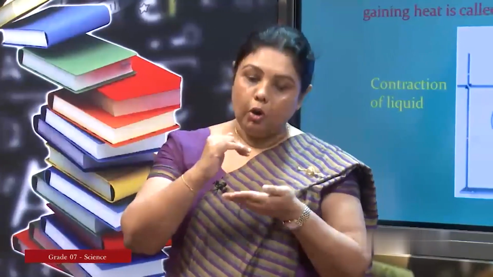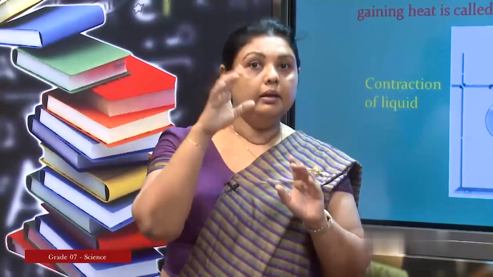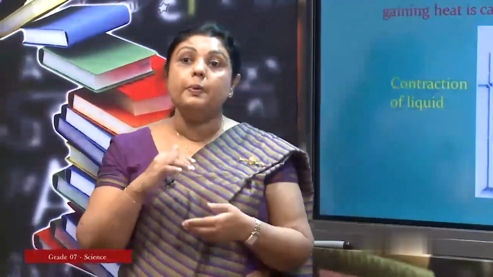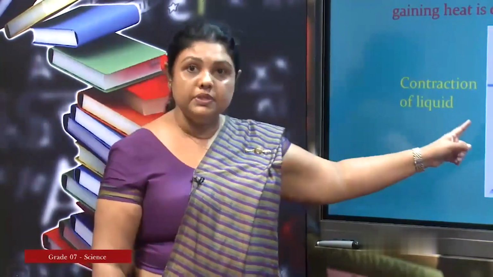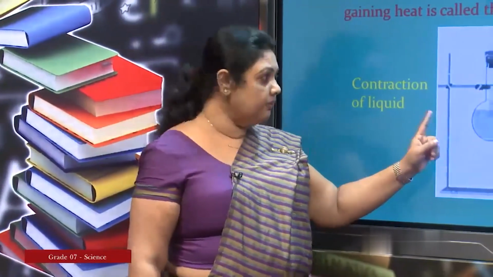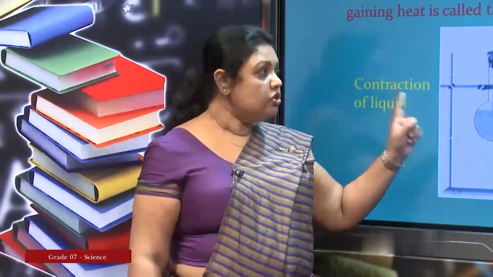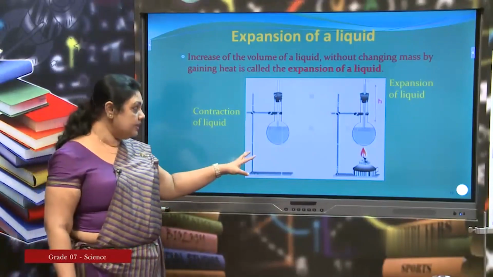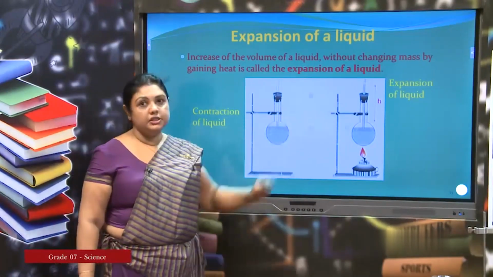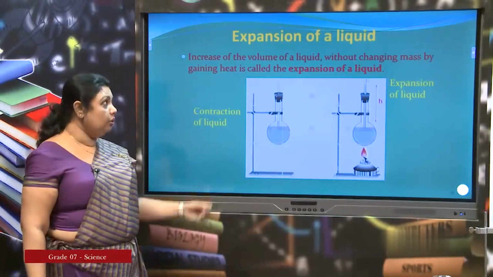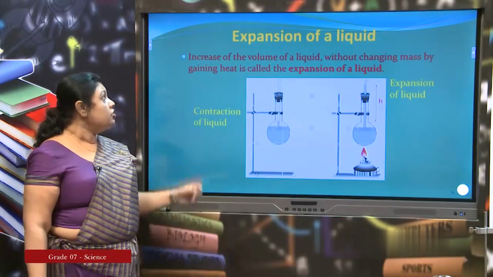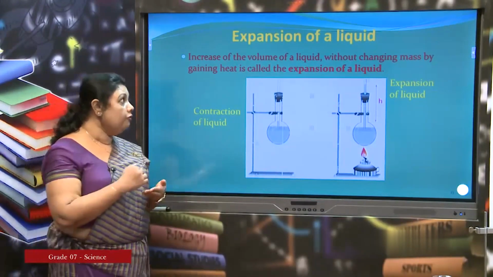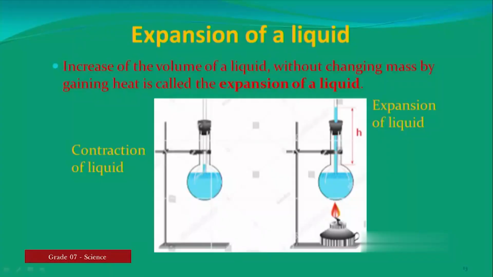The risen water level in the tube is called expansion of liquid. You don't observe that in this setup. So, that means when it is not getting heated up, expansion doesn't take place. So, you learn another thing: always the volume of liquid changes without changing the mass. Mass did not change. What is mass? The amount of matter in it.